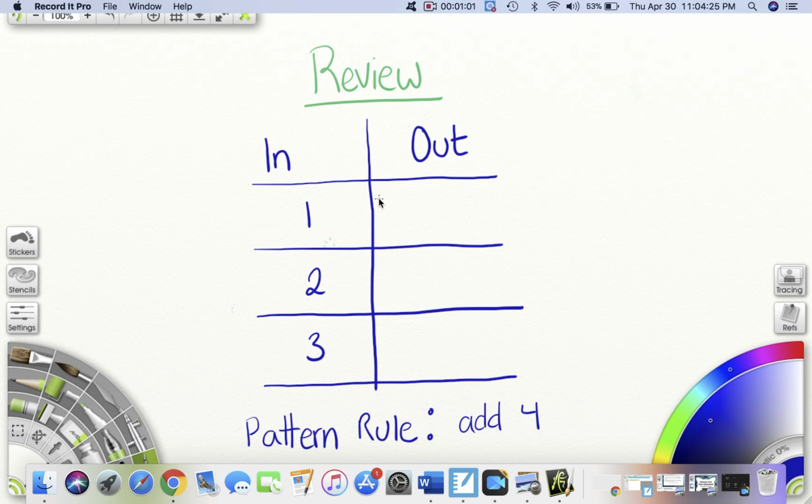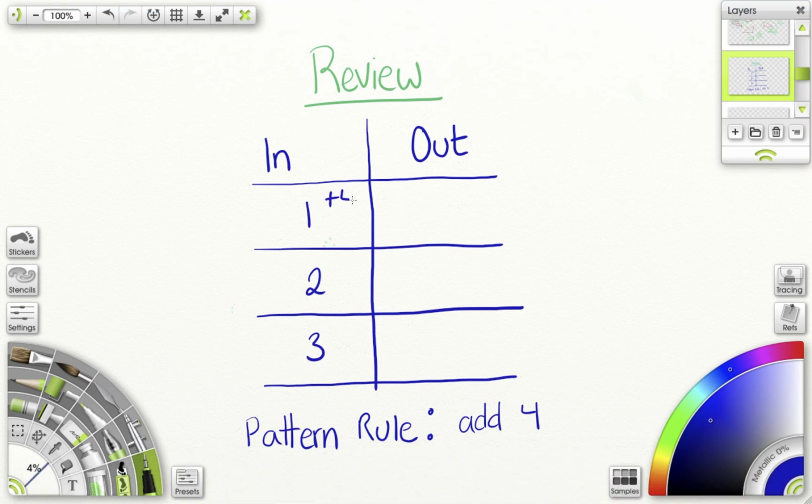So right here, we have to fill all the output numbers. Our input numbers are already given to us. We have 1, 2, and 3. The pattern rule is to add 4. So to do this, I basically just take my input number. In this case, I have 1, and I just add 4 to it. So 1 plus 4, that equals 5.